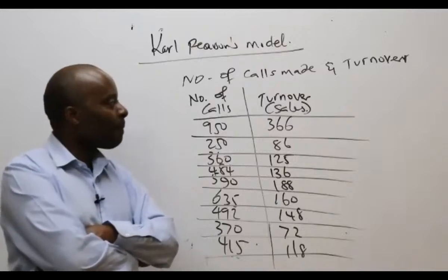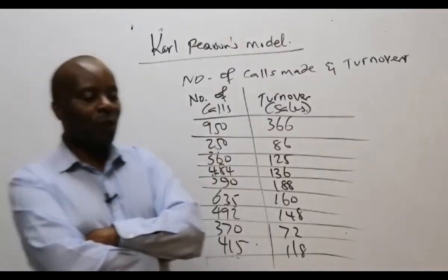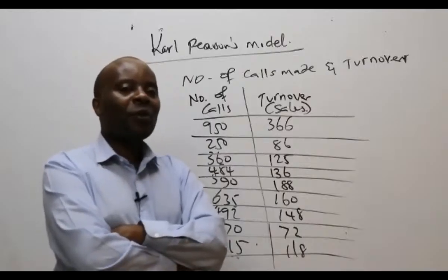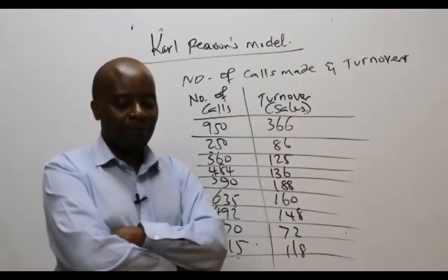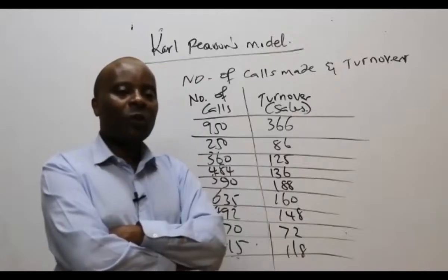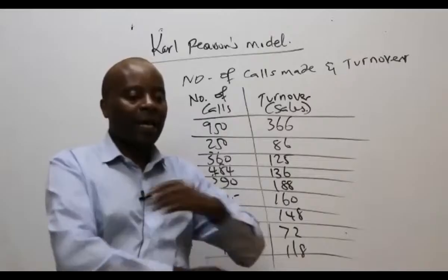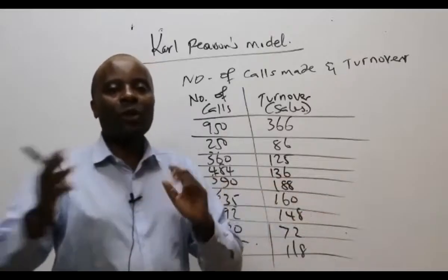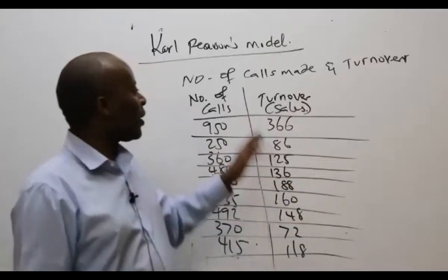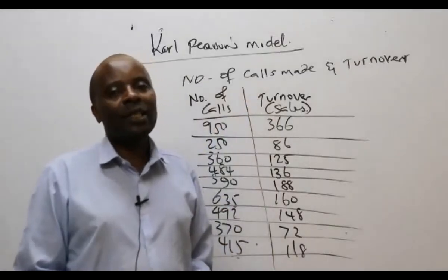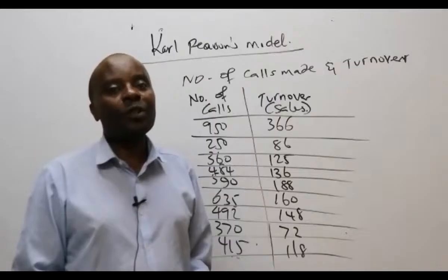So, ladies and gentlemen, if you ask those students why they are giving, for example, number of calls to be X, most of them will not have an answer. Most of them will tell you that it is because number of calls happens to be the first column, and as per the chronological or alphabetical order, the first one should be X, the second one should be Y. There is nothing further from the truth than that.